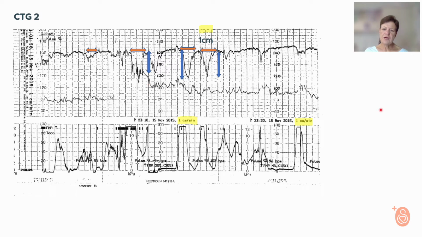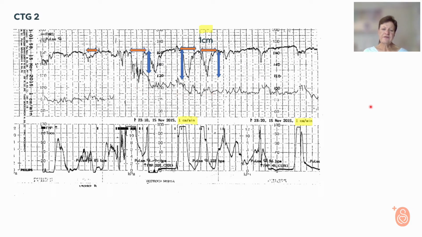So if we look again at the 60-60 rule, where we've said that if variable decelerations, and we say this is variable decelerations because they vary in form, they're not really a relationship between them and the contractions, and they're all V-shaped.